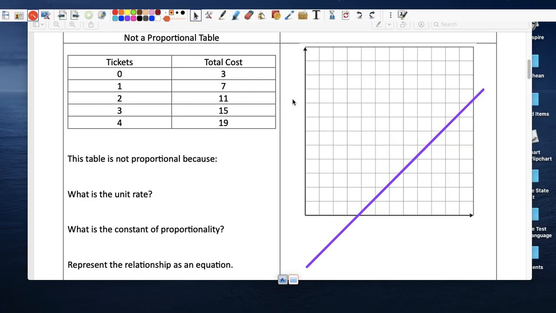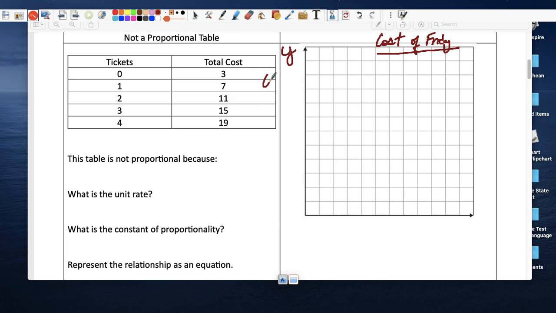Again, I'm going to use the same scenario. I'm going to write cost here for the evening, the cost of Friday night with your family going to the movies. So let's label this as my y-axis. It's the total cost that you're going to spend. This is my x-axis, which is the number of tickets that you're going to buy. But notice there's a slight change here.